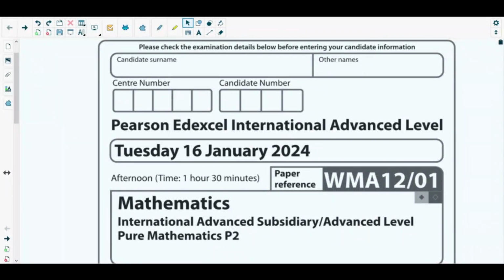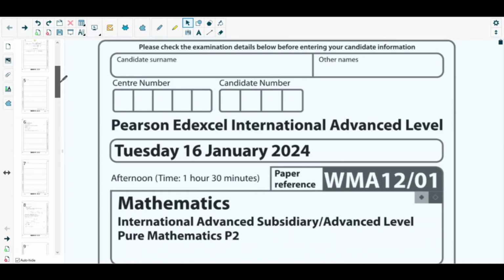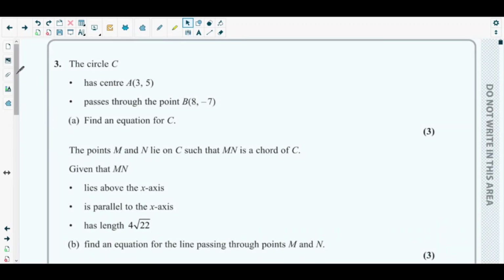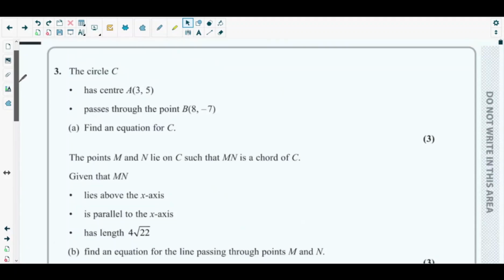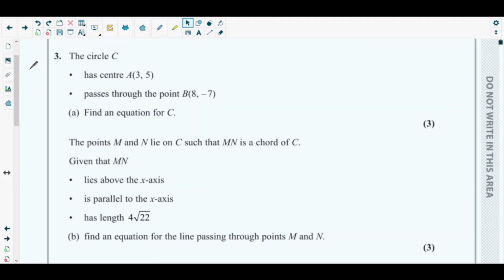In this video, we will be solving the third question of the January 2024 Pure Mathematics 2 paper. Let's see what question number 3 is about. The concepts behind it are discussed in chapter 2, coordinate geometry in the xy plane, in your Pure Mathematics 2 textbook.